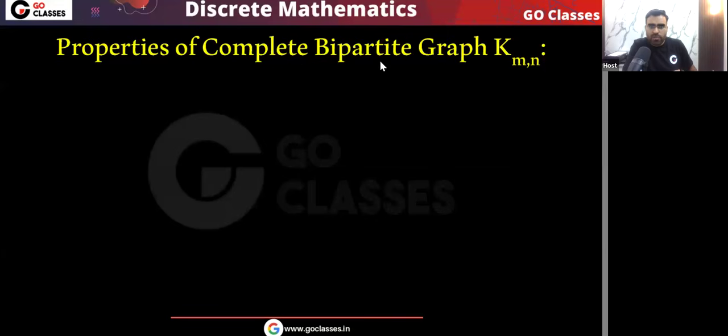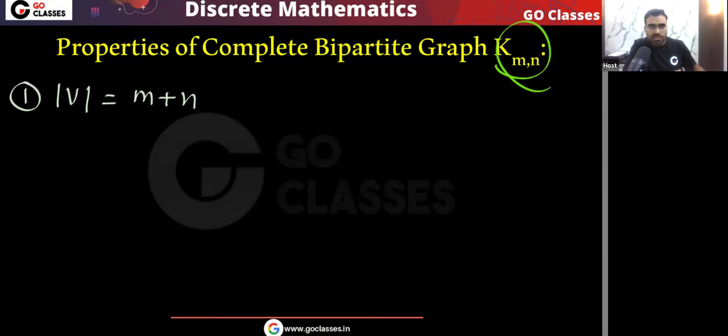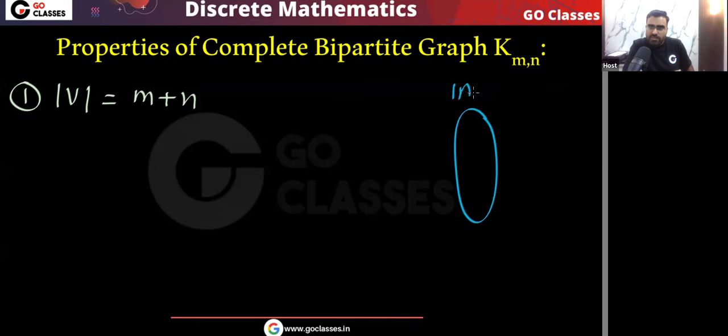Now let's see the properties of the complete bipartite graph Kmn. What will be the number of vertices in Kmn? Very simple. The number of vertices will be m plus n, because in this notation for a complete bipartite graph, m is the size of one part and n is the size of the other part.